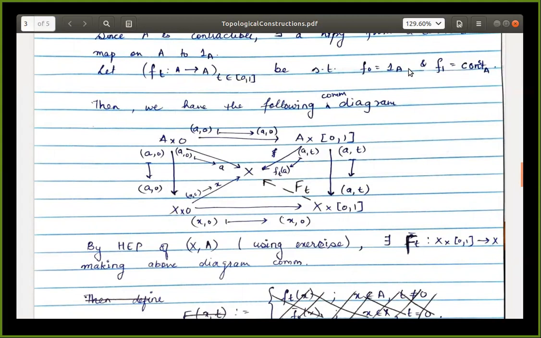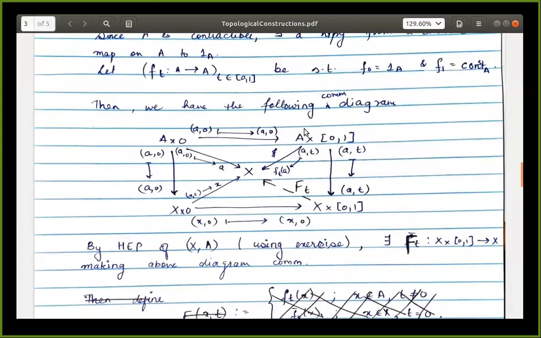F_0 of a has to be the identity map, and F_0 of a has to agree with this map, which means this map I am going to take as the identity map. So (a, 0) goes to a. Now take its obvious extension. So you send any (x, 0) to x. So the inside map I have considered as X itself. Okay. So I have this continuous map, I have this continuous map.